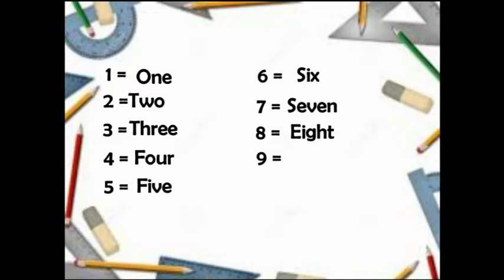And the spelling of 9 is N-I-N-E. Another one, number 10. The spelling of number 10 is T-E-N. That is how we spell 1 to 10. You have to remember the spelling.